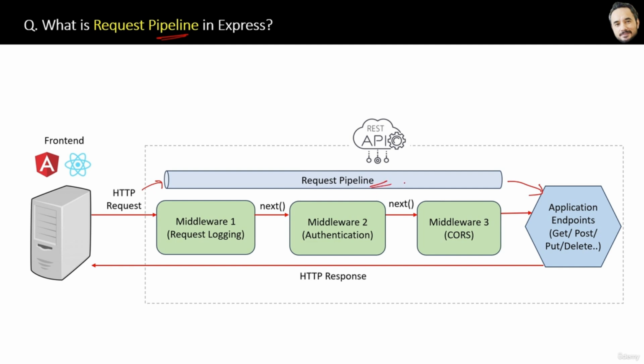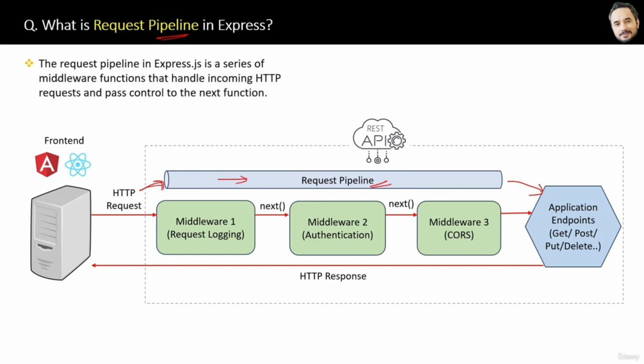It's like a pipe through which the request passes, right? Here I have also written a very simple definition. The request pipeline in Express is a series of middleware functions that handle incoming HTTP requests and pass control to the next function. That's the answer to the question.